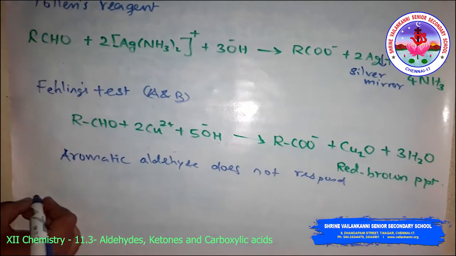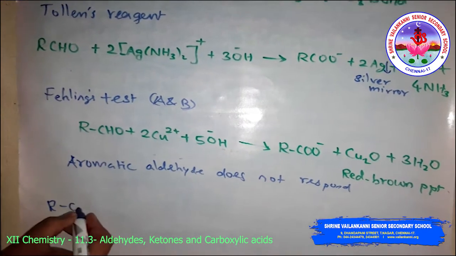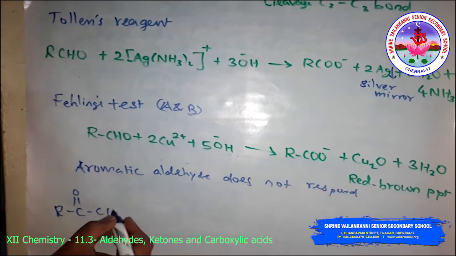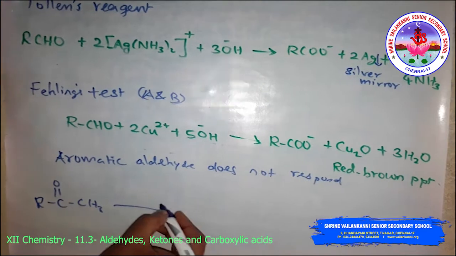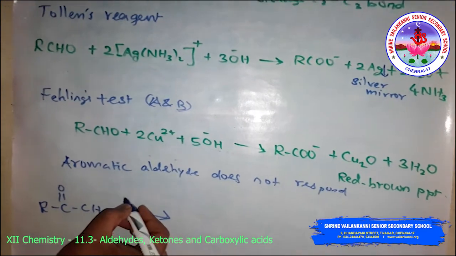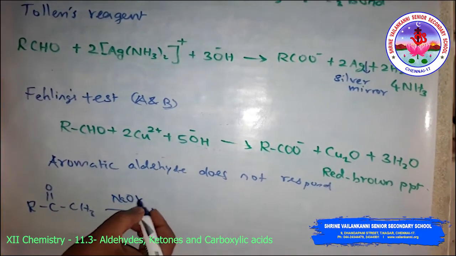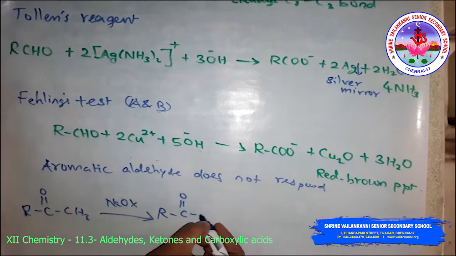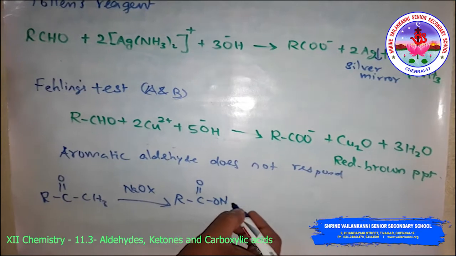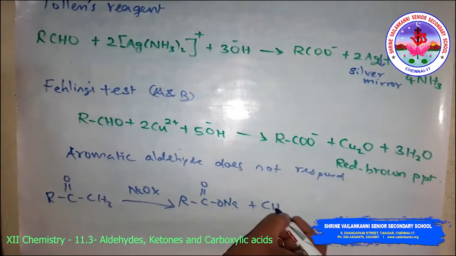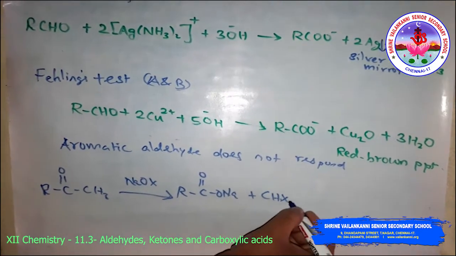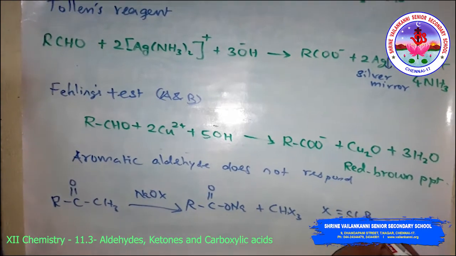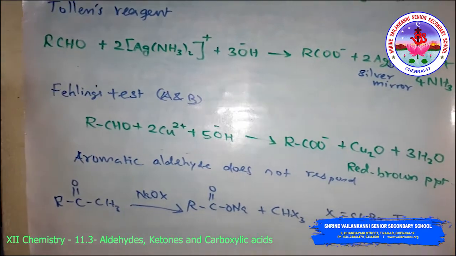Look at this: R-C=O-CH3 with sodium hypohalite NaOX forms R-C=O-ONa and CHX3. The X may be chlorine, bromine or iodine.